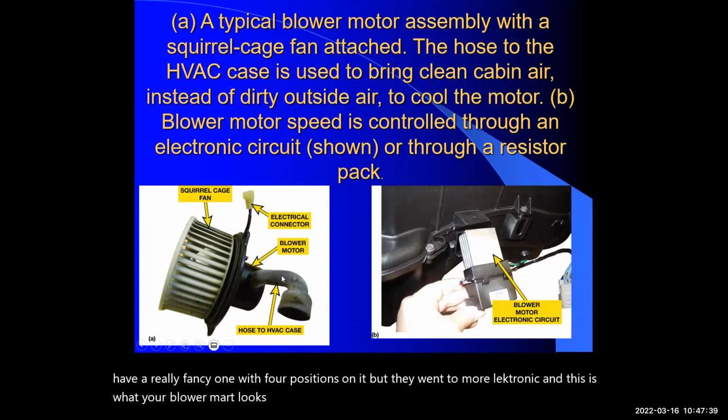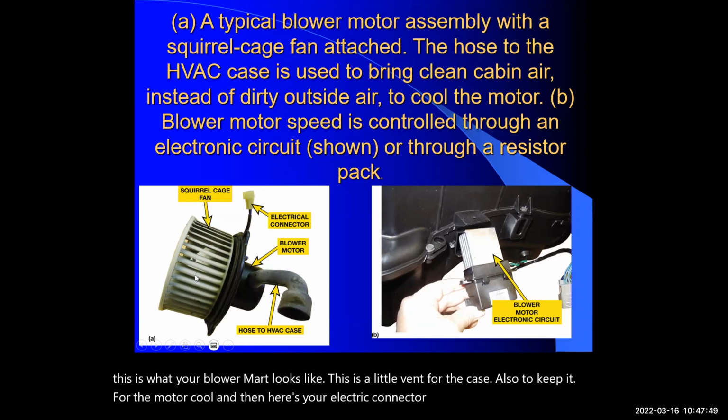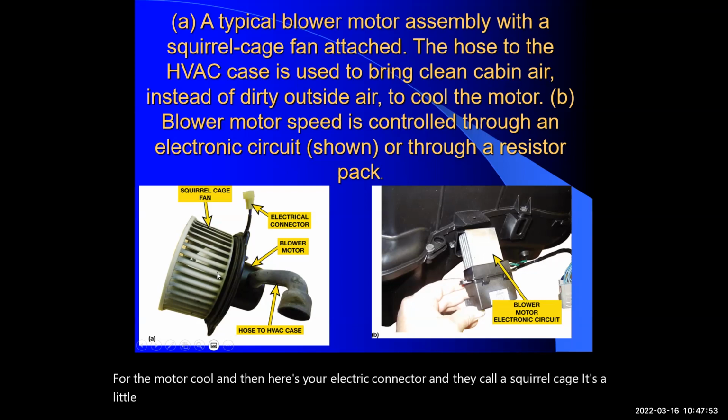This is a little vent for the case to keep the motor cool, and here's your electrical connector, and they call it a squirrel cage. It's a little cage that actually directs the air, and these are usually plastic. The old ones were metal. They were definitely knuckle scrapers.